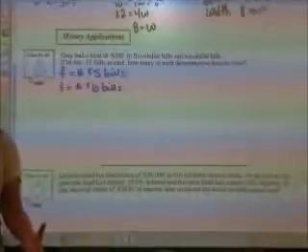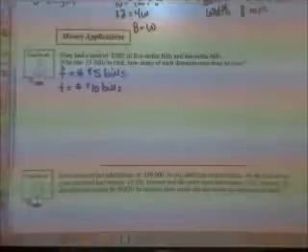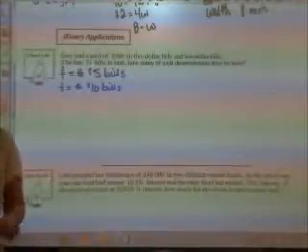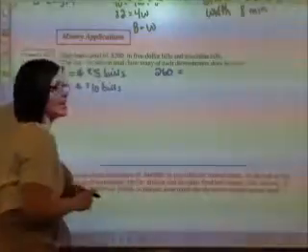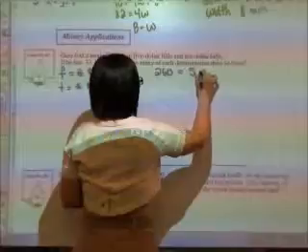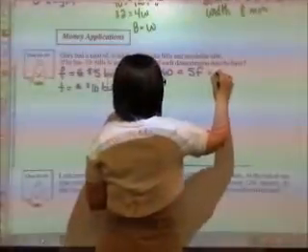So if I have 5 $5 bills, how much money do I have? $25. If I have 3 $10 bills, how much money do I have? $30. So when I write this out as an equation, to get my $260, I need to take the number of $5 bills and multiply it by 5, because each one is worth $5, and then the number of $10 bills and multiply them by 10.